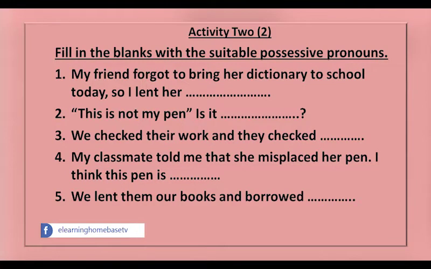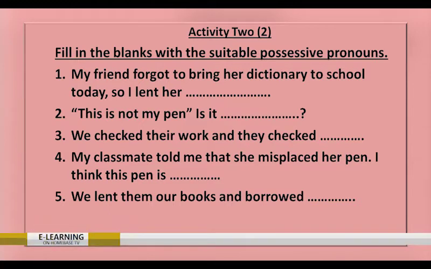Now, activity 2. Fill in the blanks with the suitable possessive pronouns. 1. My friend forgot to bring her dictionary to school today, so I lent her dash. 2. This is not my pen, it is dash. 3. We checked their work and they checked dash. 4.